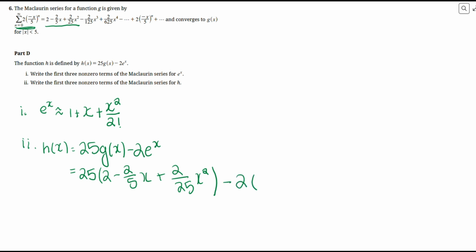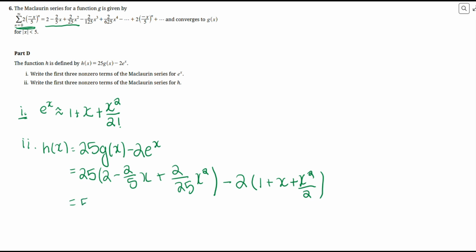So we just write 2 minus 2 over 5 x plus 2 over 25 x squared, minus 2 times the first three terms we got in part 1, which is 1 plus x plus x squared over 2. Okay, now let's just simplify this.